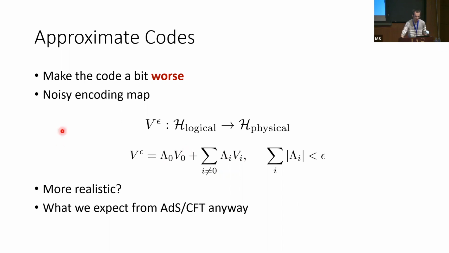Now, the epsilon overall defines an encoding map of a noisy error correction code that takes you from the input logical space to the output physical Hilbert space. This is more realistic in the sense that when you have experiments and you have noise, that's what happens. But it's also what we sort of expect from ADS-CFT anyway, once you include the 1/n corrections.